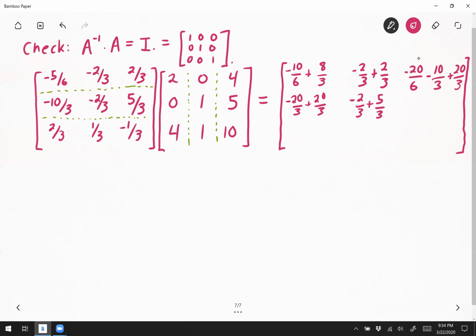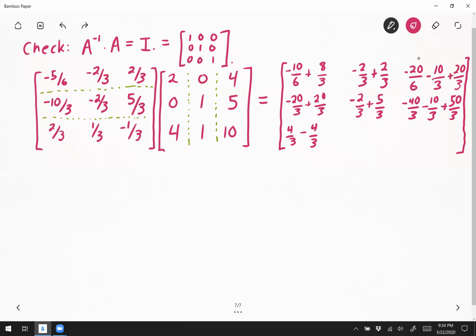For the middle right, middle row right column, I'm going to have negative 40/3 minus 10/3 plus 50/3. Excellent. Bottom row, have 4/3 plus 0 minus 4/3.